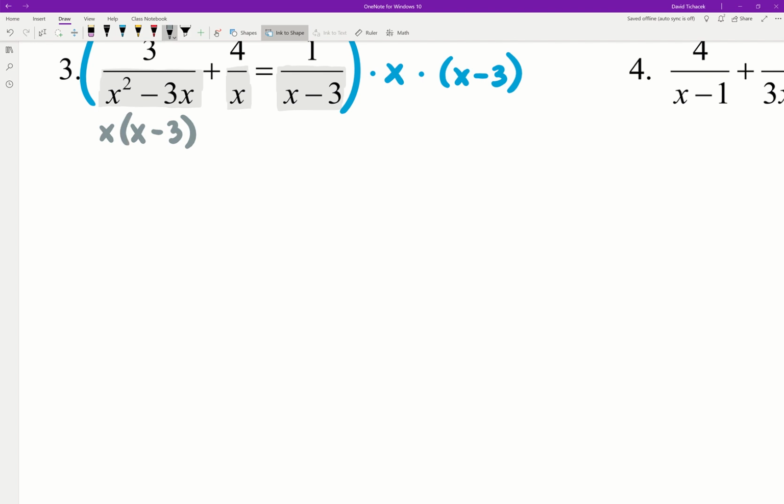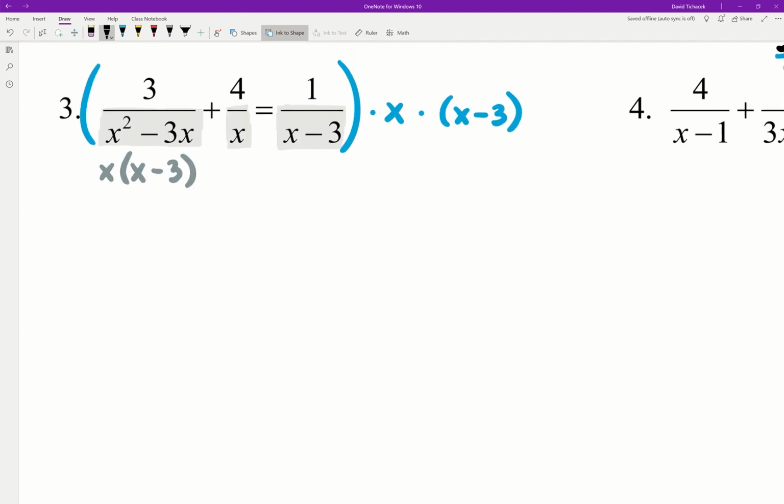So that's pretty good. So when we go ahead and distribute that in now, we're going to see that a lot of this stuff cancels. Okay, so for example here, we have the x times x minus 3 canceling out with this x times x minus 3. So that means that that's going to cancel. And we would just simply be left with 3 as the only term remaining in that first term there. And then when we go ahead and distribute this to the second term there, remember that this divided by x is going to cancel out with this times x, and you're just going to write what's left over there.